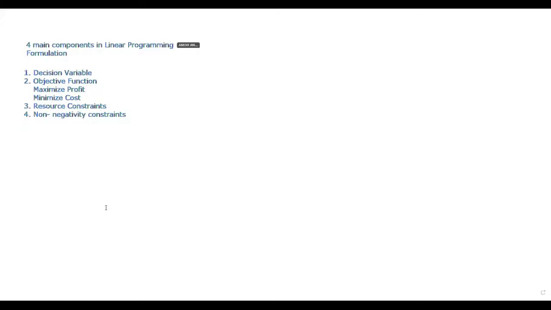No, in production you don't have negative production. So all the decision variables are greater than or equal to 0.